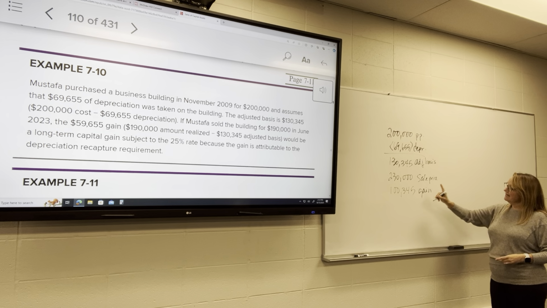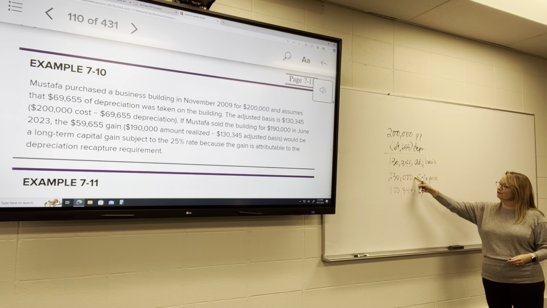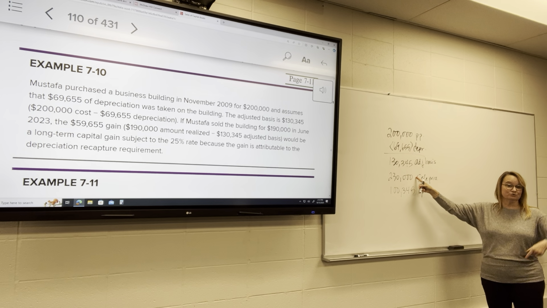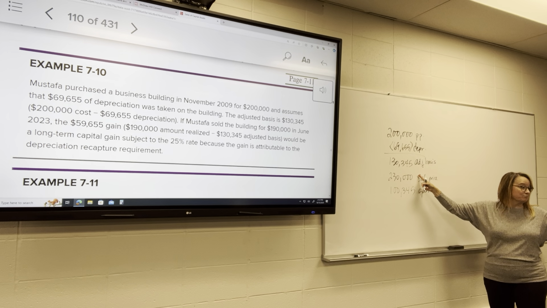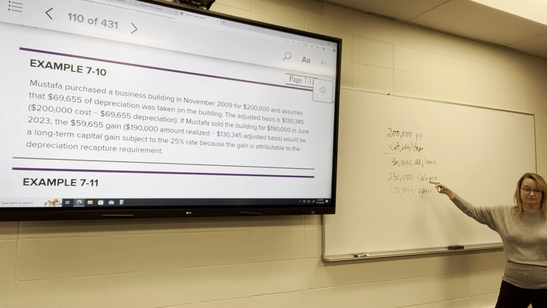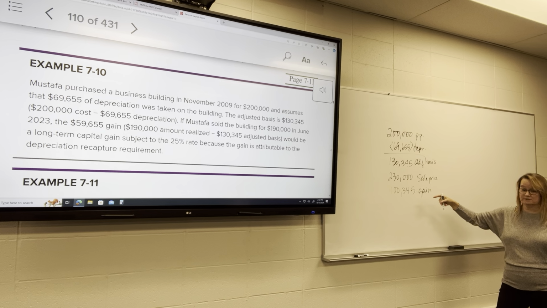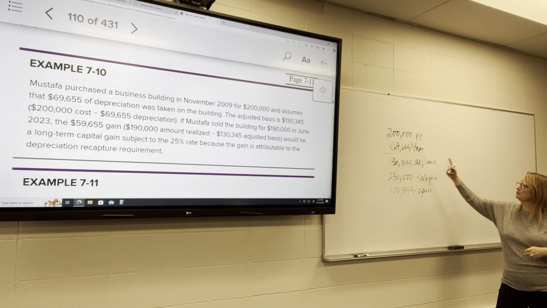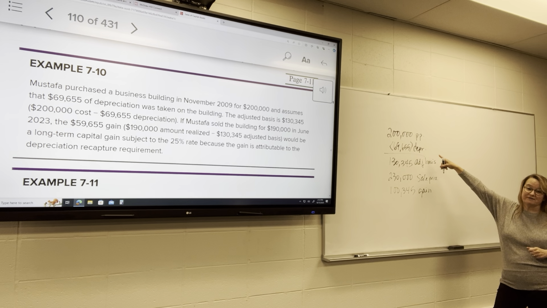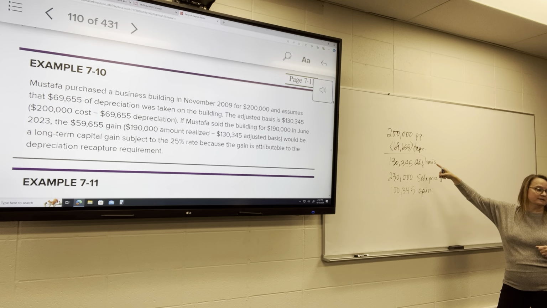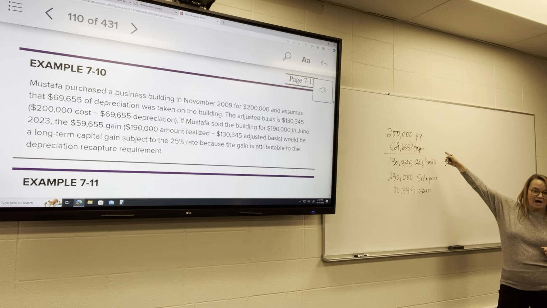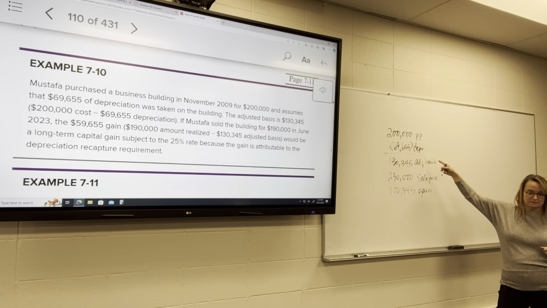Well, now $30,000 of that gain was due to an increase in value of that property. That's going to get preferential tax treatment. You get capital gains tax rates for that part, the $30,000. But for the remainder, the amount that was depreciated, it's going to be that higher tax rate of 25%.